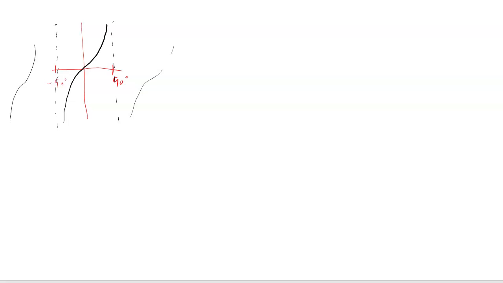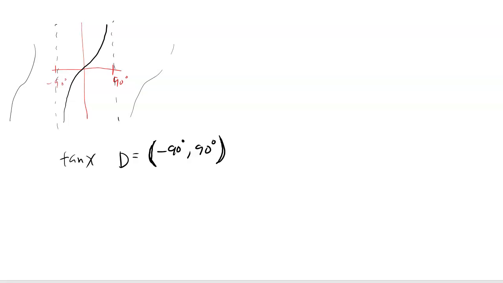This function again doesn't pass the horizontal line test, but if you take the tangent graph with the domain restricted to negative 90 degrees to positive 90 degrees, note that I'm not including the endpoints, that's why I'm using the circular parenthesis. We also call this the open bracket because the endpoint's not included.